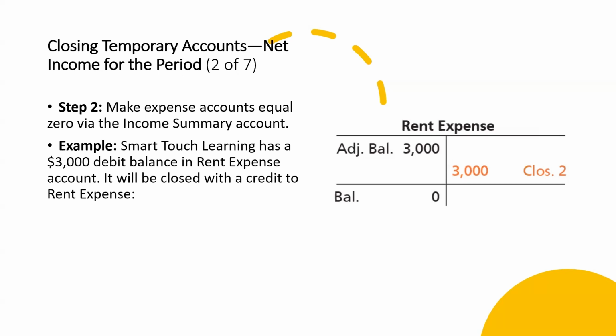So here you see the T account where you have the adjusted balance of $3,000. The balance is 0, but there's a credit balance to rent expense of $3,000. So it will be closed with a credit to rent expense.